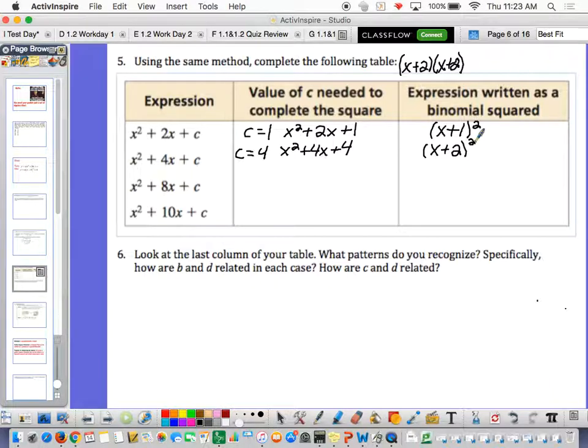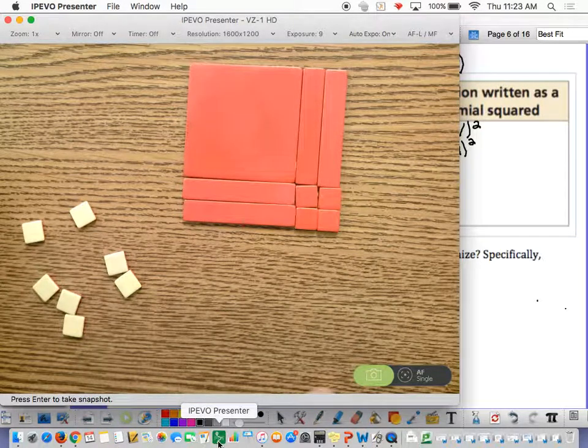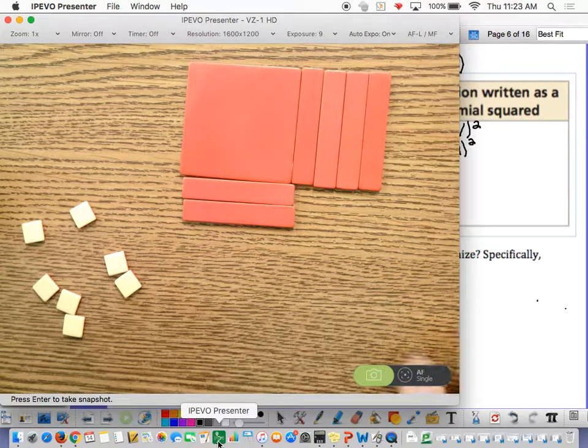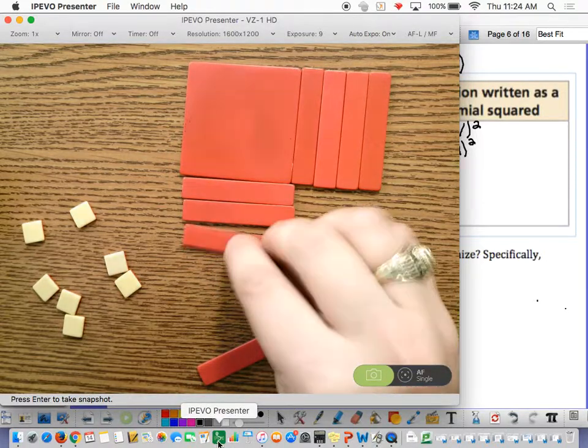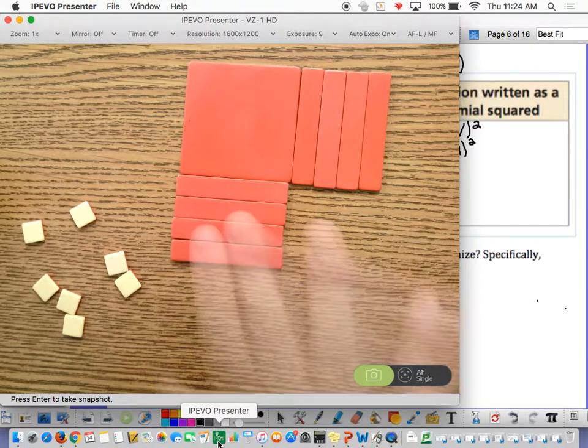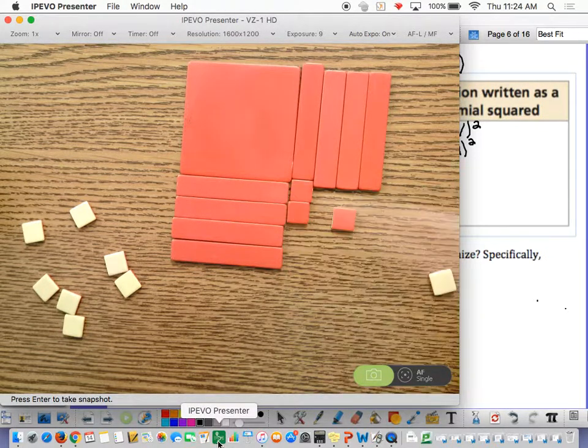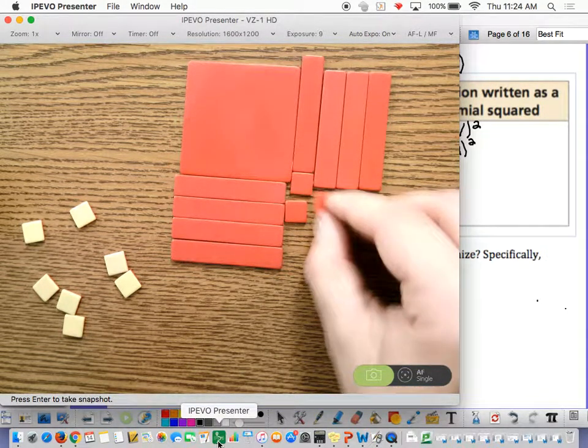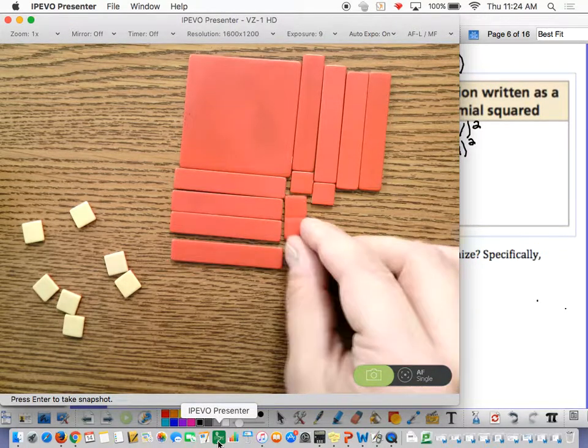So let's keep going with these next two. We've got x squared plus 8x. Okay, so there's 4 x's. If we do 8, oh, I need some more now. Let's see. There's 4. Here's some 5, 6, 7, 8. Okay, now you've got 8 x's. So to fill in, well, let's see. There's 1, 2, 3, 4.